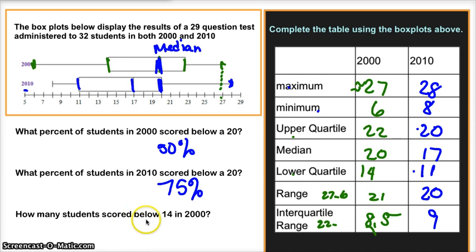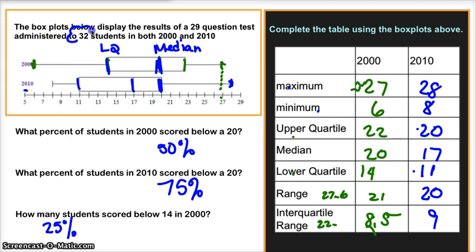How many students scored below 14 in 2000? So here's 2000, here's 14. It says how many students? Well, if this is the lower quartile, then that means that that's 25%. Well, 25% of the students out of how many students took the test?